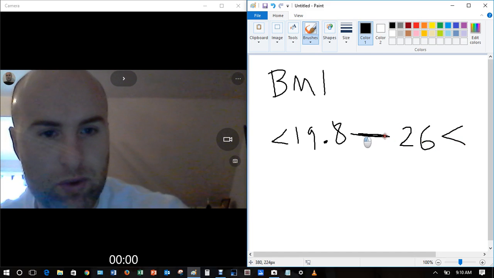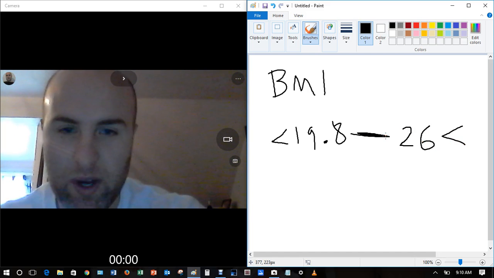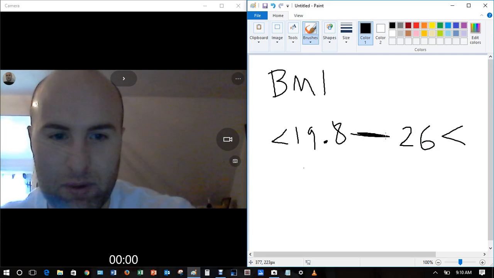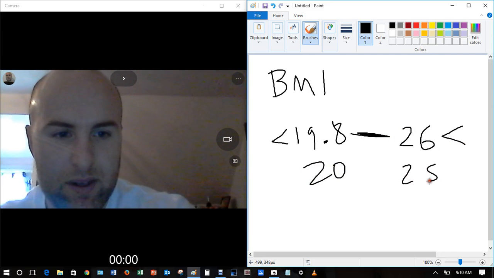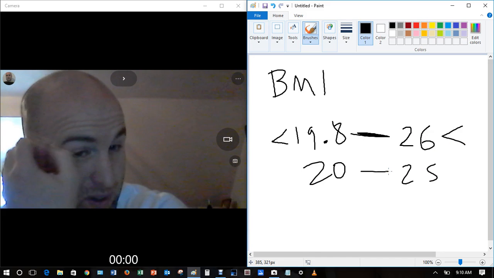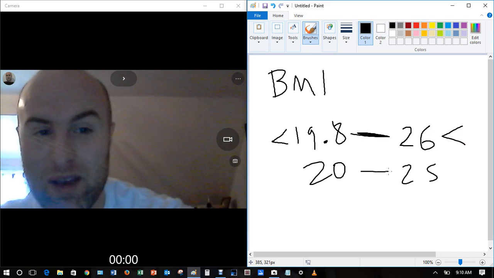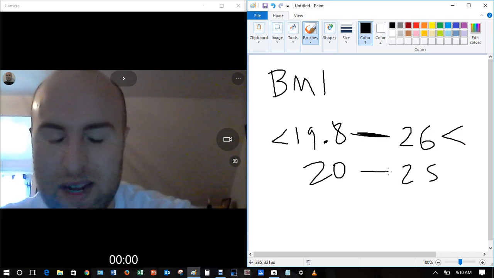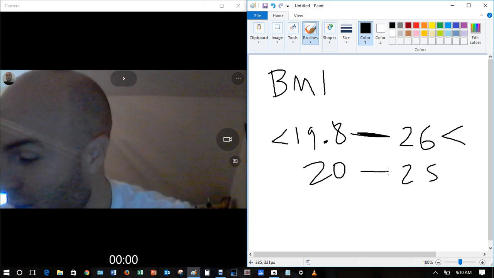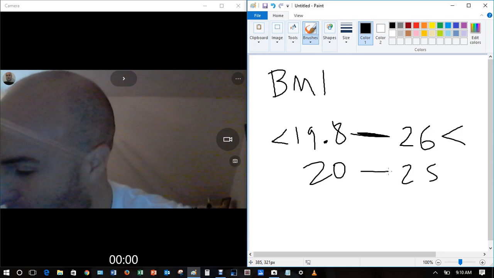So somewhere between 20 to 25, just choose easy numbers. A BMI of 20 to 25 is pretty close to being healthy. Now, if it gets above 25, really above 26, then you start worrying.